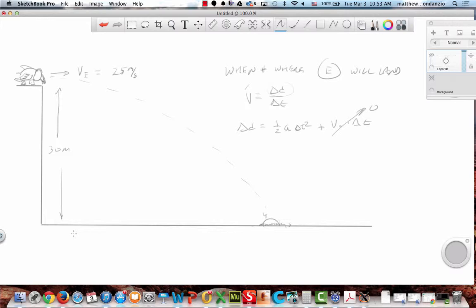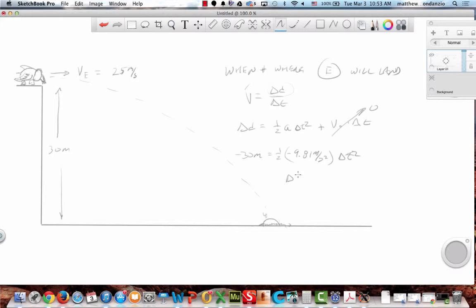So what's my delta distance? Negative 30 meters. Negative 30 equals 1/2 times negative 9.81 meters per second squared times my delta t squared.